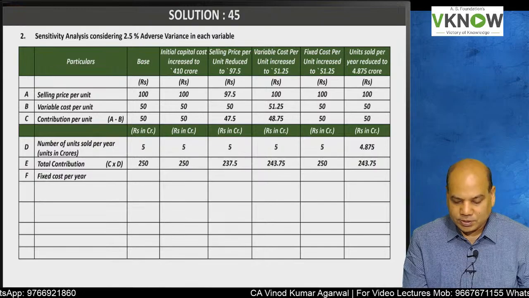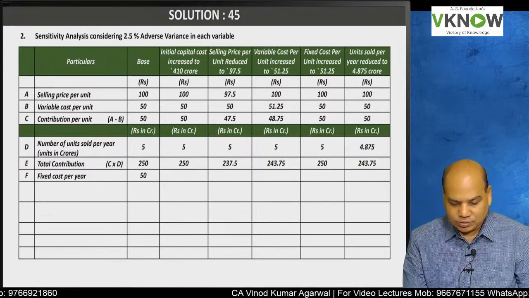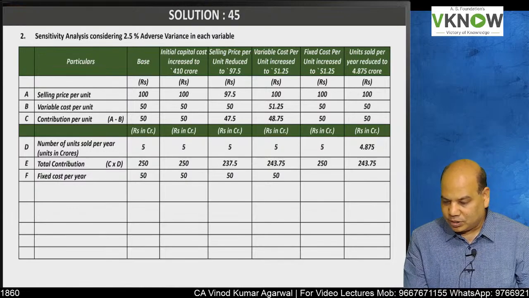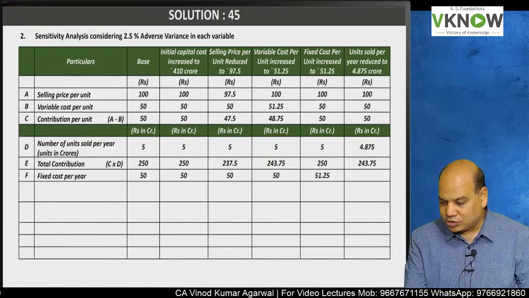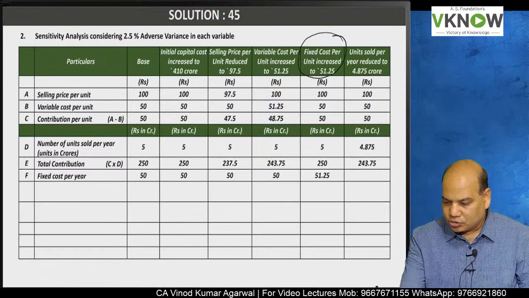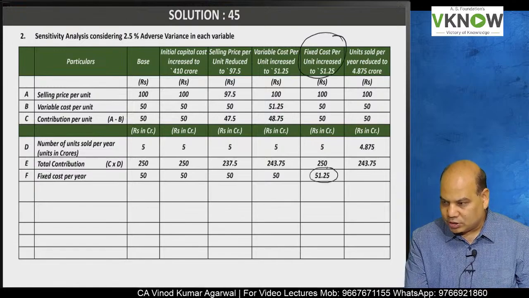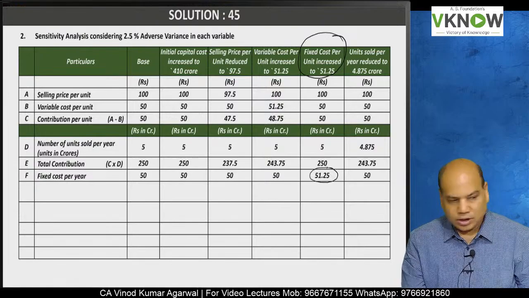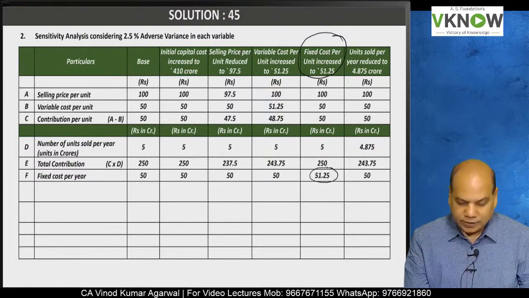Next is fixed cost. Again, original question is 50 crore: 50, 50, 50. Now it will change. In this column, we are going to change fixed cost and write 51.25.